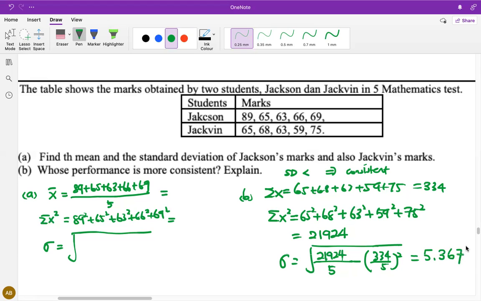All right. So okay, so this one is 330. Made a mistake here. So it's 2,124.